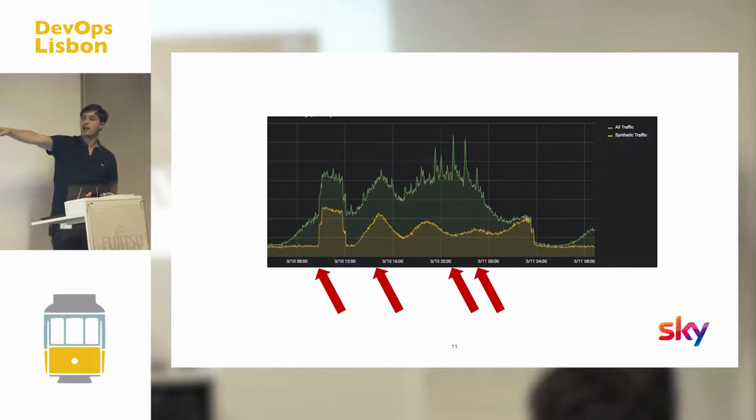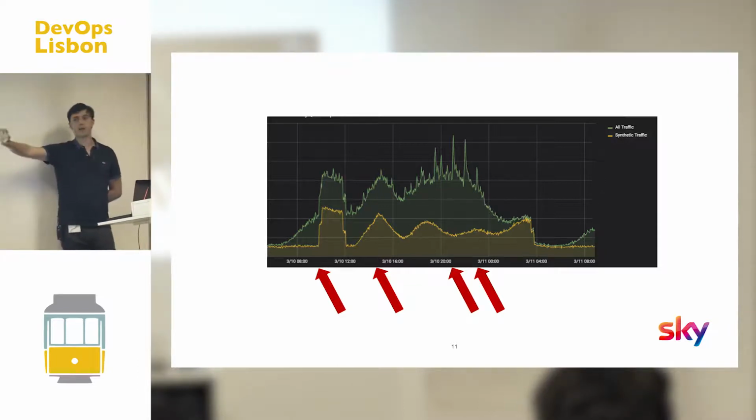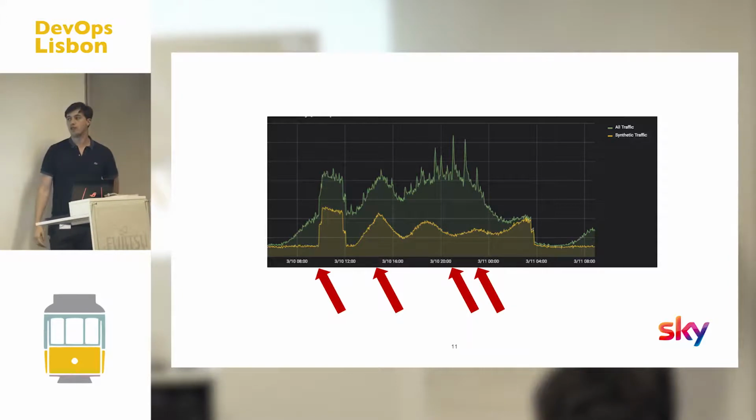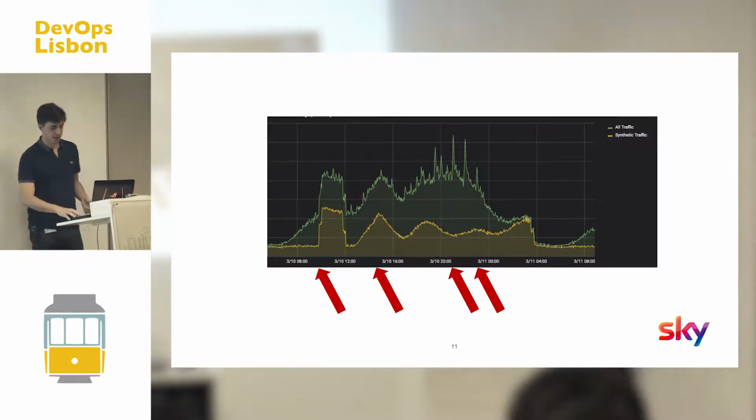Although the latest spikes were actually originated by the users themselves, while the first ones were not. This is what I wanted to highlight in terms of how different patterns or different usage can be mixed together to give very confusing signals, and sometimes you are looking at your system and you don't really understand what's happening.